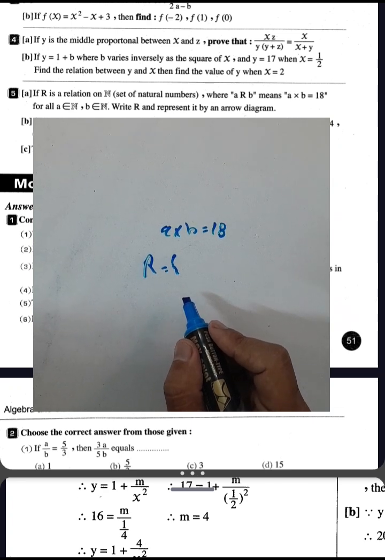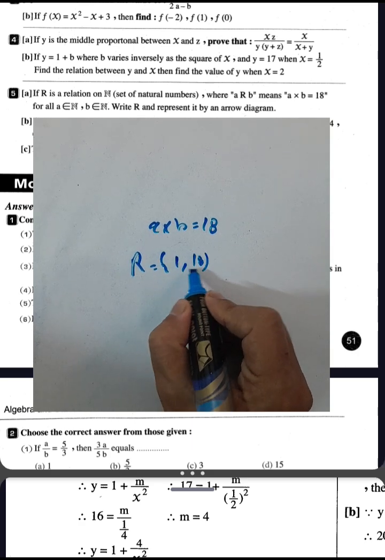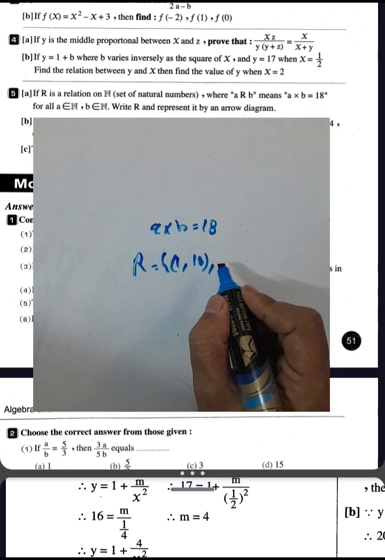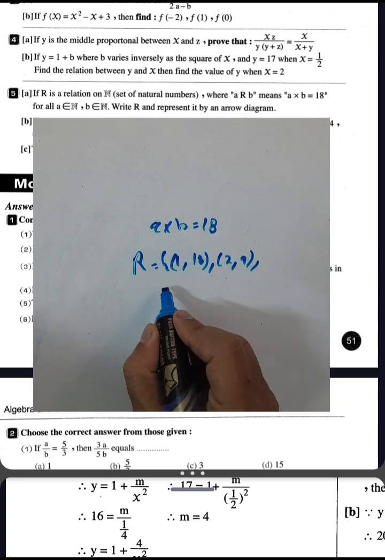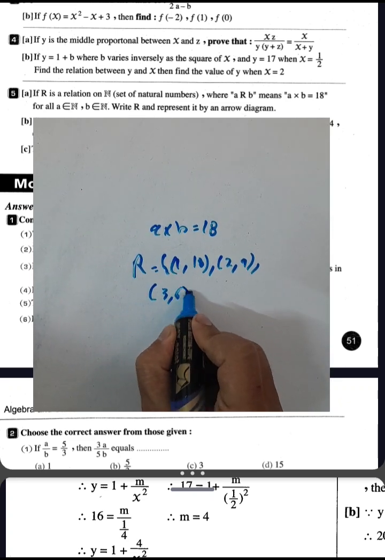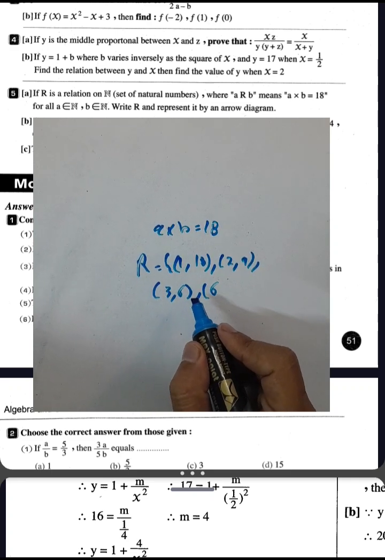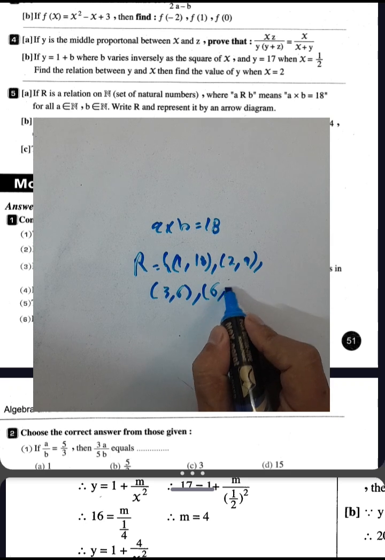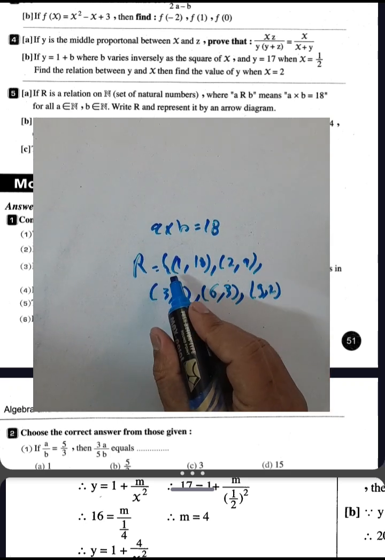Because we have 1 times 18 equals 18, and 2 times 9 equals 18, and 3 times 6 equals 18. You can replace 6 and 3 again, and 9 times 2 again, and 18 times 1 again.